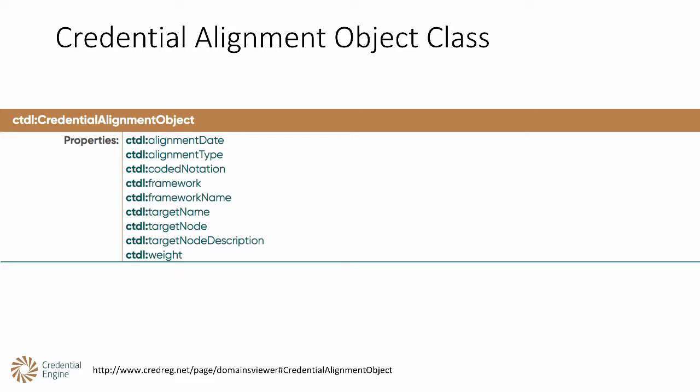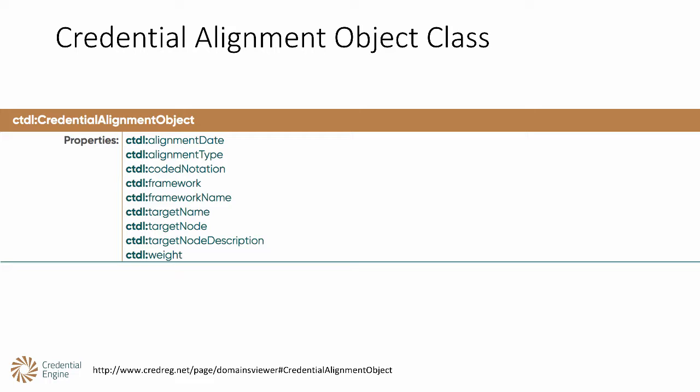Coded notation, which is new to the credential alignment object, allows us to record a notation where the vocabulary or competency framework has a notation, somewhat like a classification scheme, like 3.1.1 and then 3.1.2, an abbreviated identifier of a node in the framework that is being described. So those are the first three.